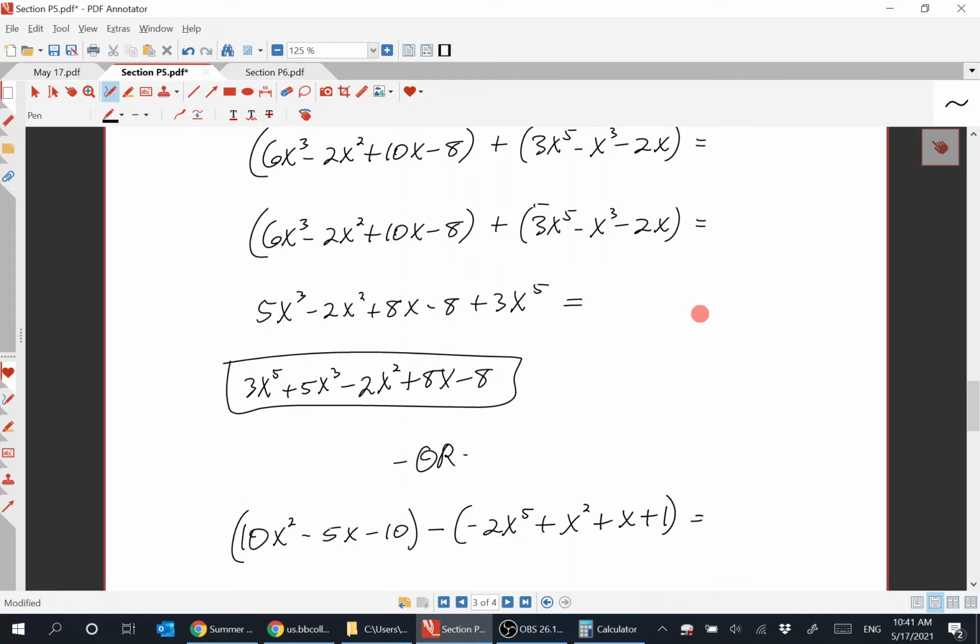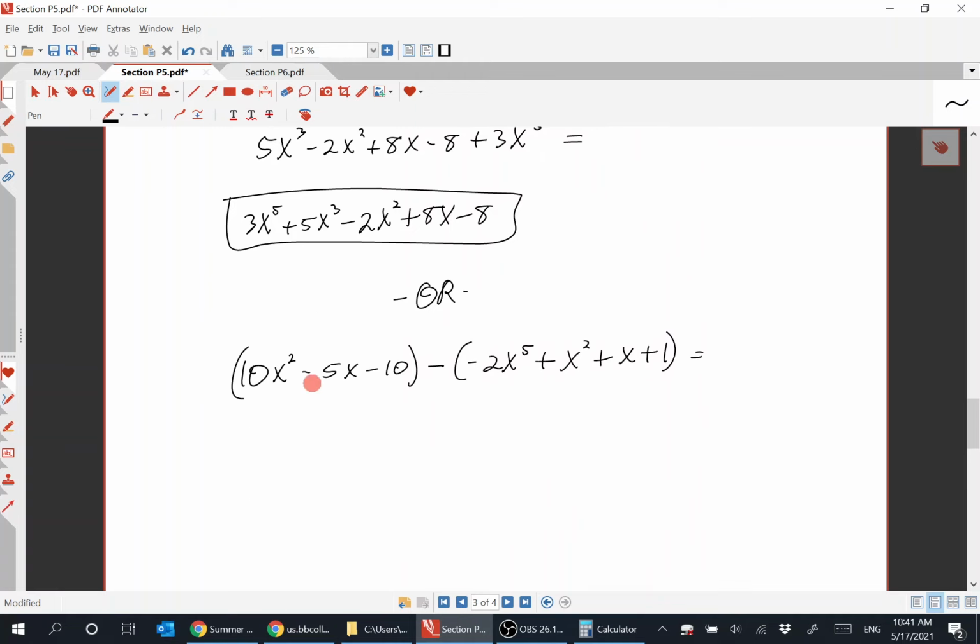So now we're subtracting. So I have 10x squared minus 1x squared, which gives me 9x squared. Minus 5x minus x is minus 6x, right? Minus 10 minus 1 is minus 11.